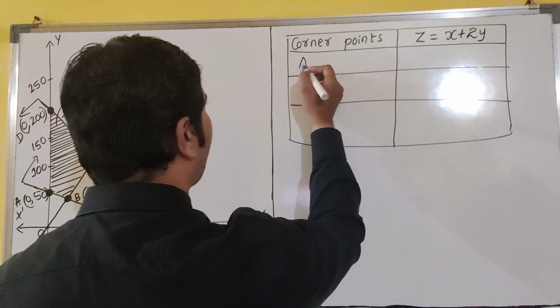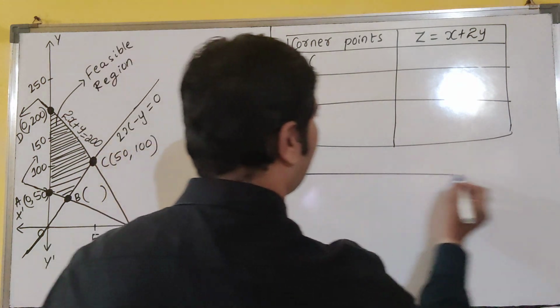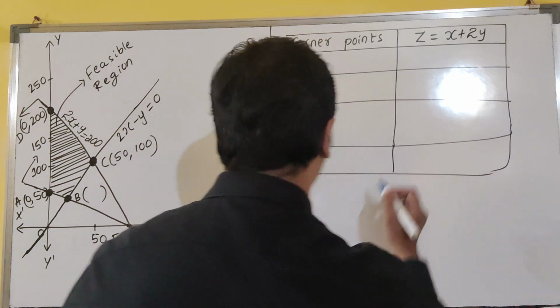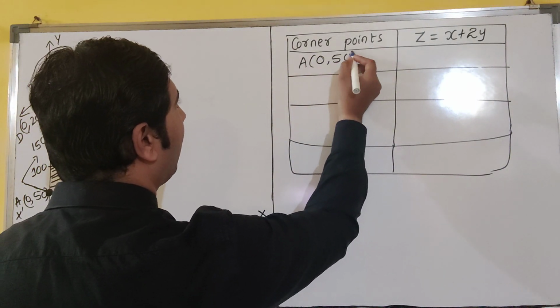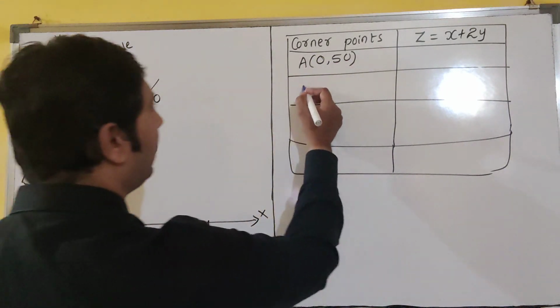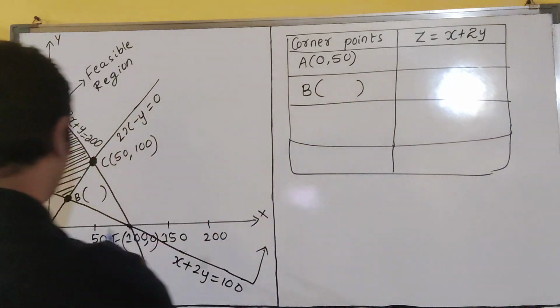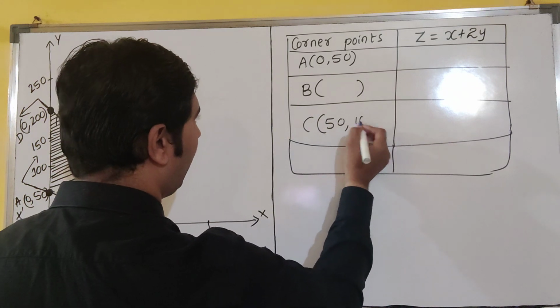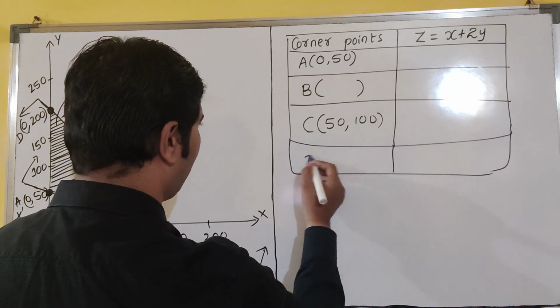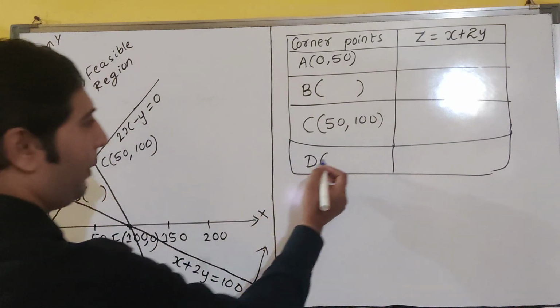So what is your first point? First point is what? A is 0, 50 we have taken, and B I have to take. So still we don't know what B and C are. 50, 100, and D is what? 0, 200.